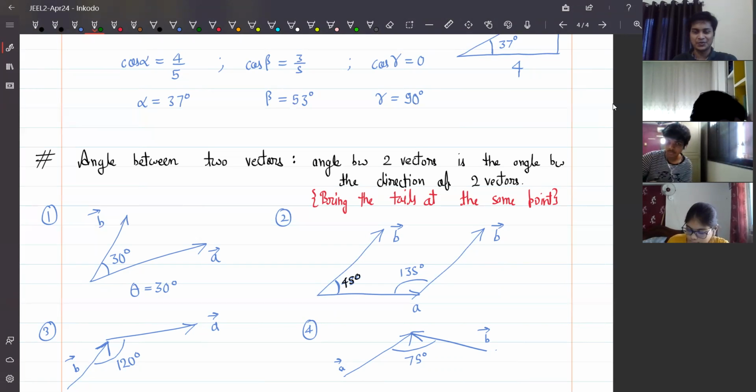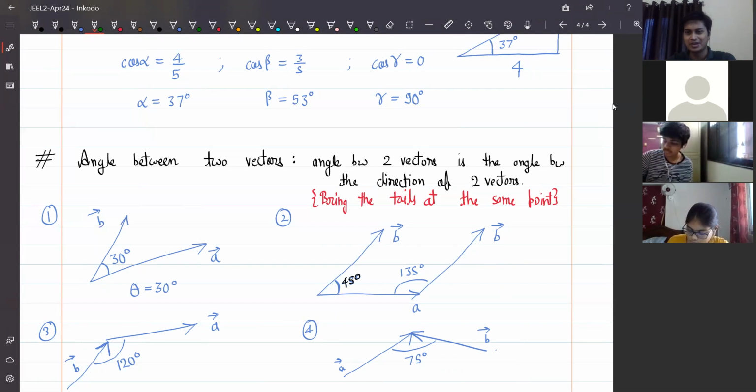Yes, sir. Okay. Can you tilt your laptop a bit? I can just see your head. Something is like head is moving.